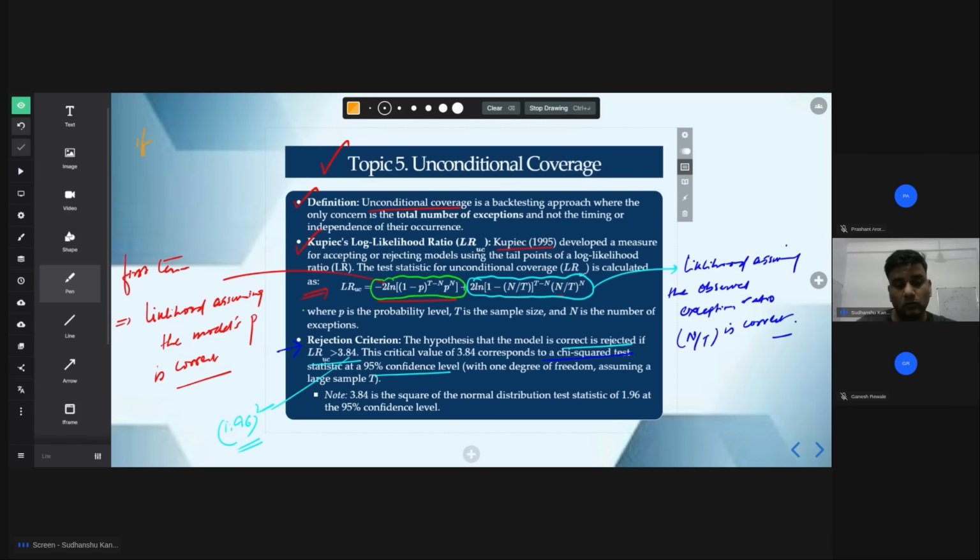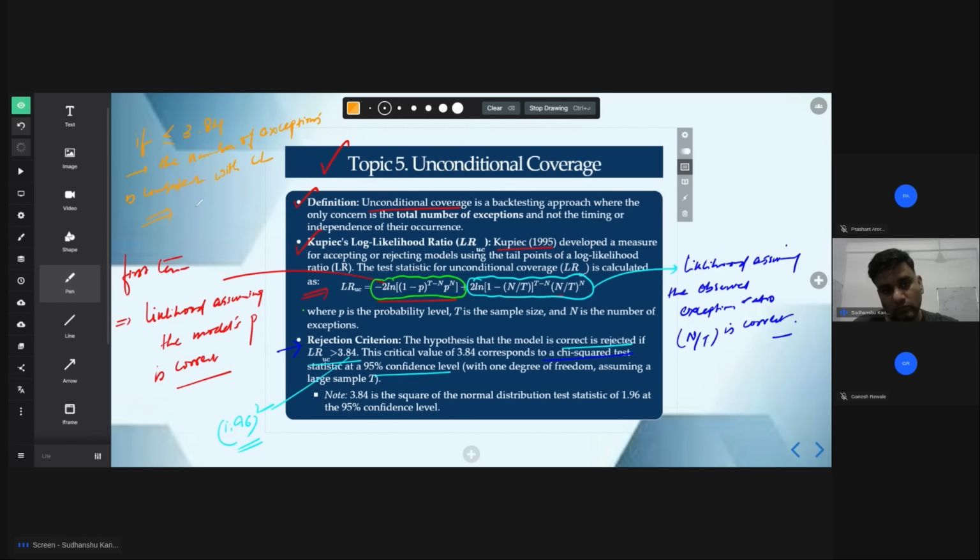Okay, so if it is less than 3.84, it means the number of your exceptions is consistent with your confidence level.